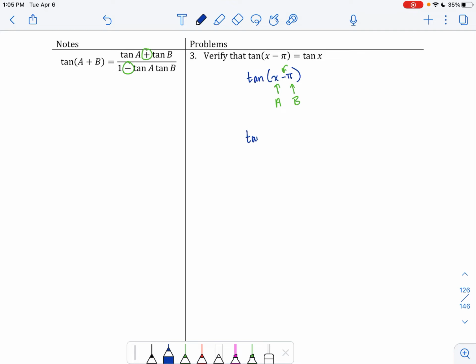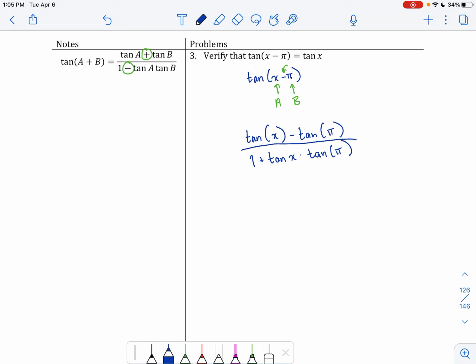So then I have tangent of x minus tangent of pi all over 1 minus, with negative, which becomes plus tangent of x times tangent of pi.